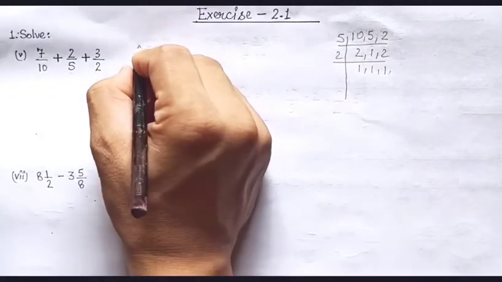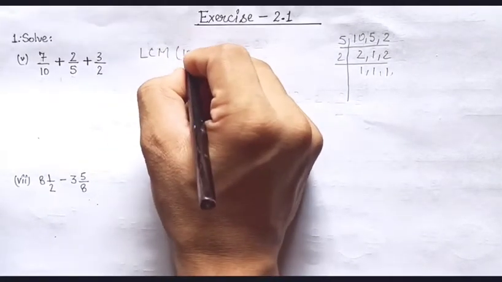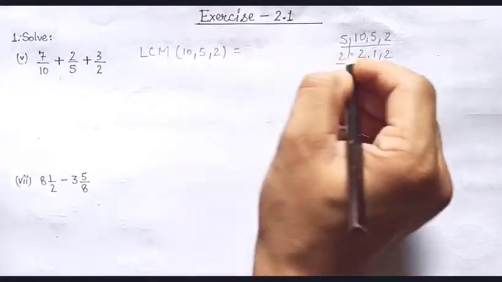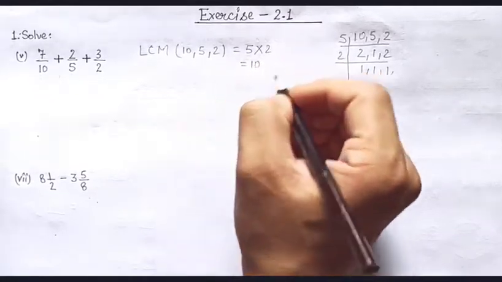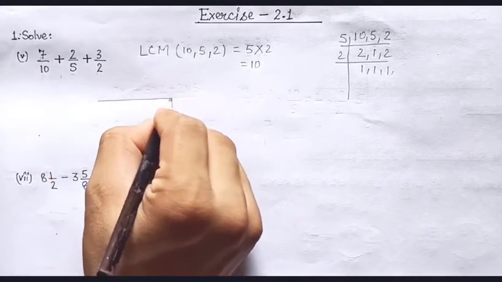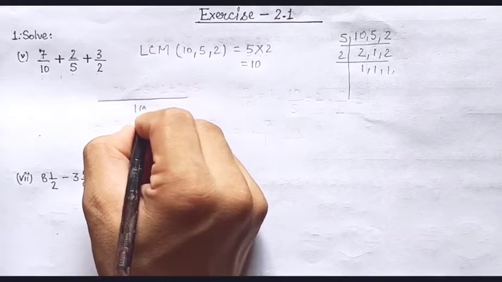So we can say the LCM of 10, 5 and 2 is equal to 5 into 2, that is 10. Now how do we proceed? We put in the denominator the LCM of the given denominators, that is 10.